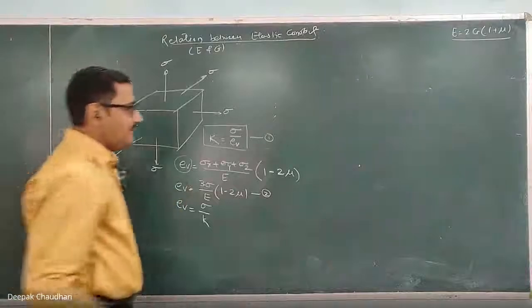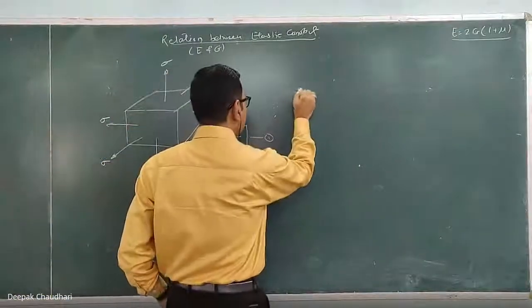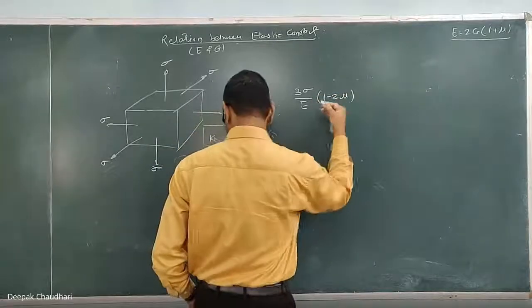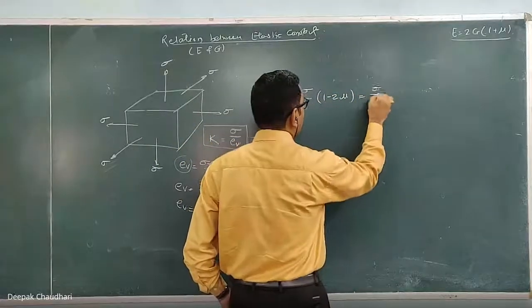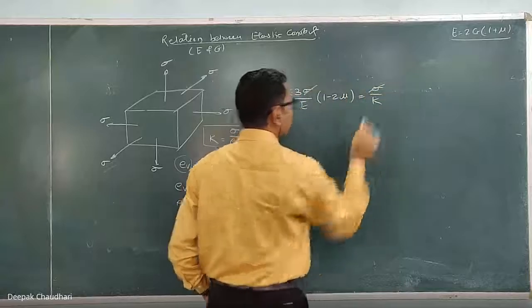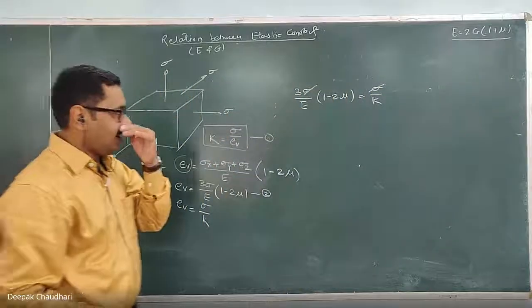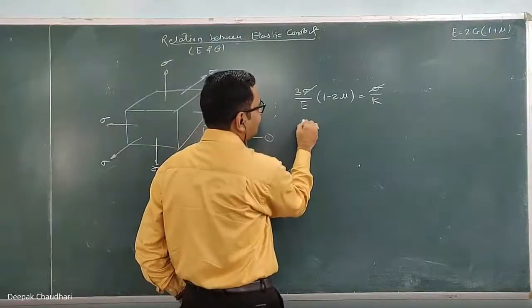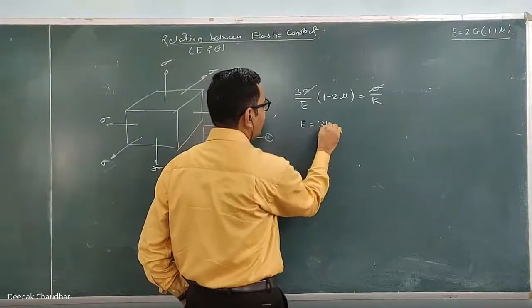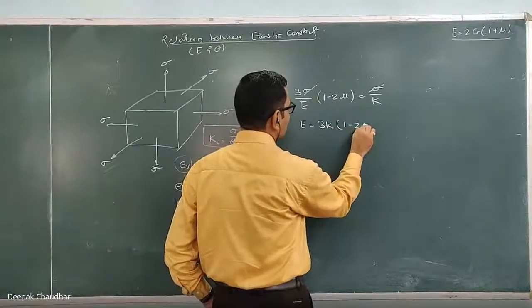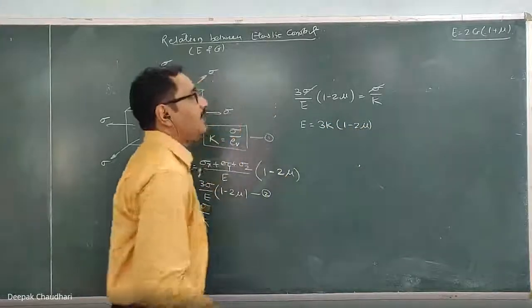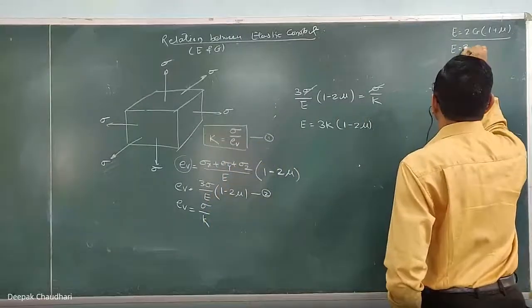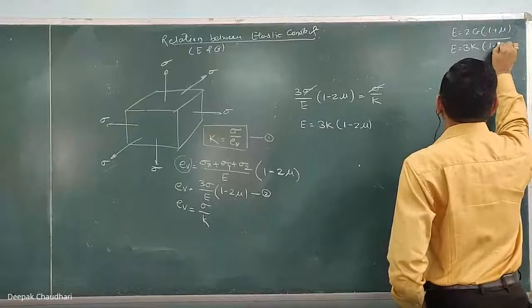If I equate this, you will get 3 sigma upon E into 1 minus 2 mu equal to sigma upon K. This sigma, the direct stress, gets cancelled. And if I simplify this, I'll get E equal to 3K into 1 minus 2 mu. Okay, this is another relation between E and K.